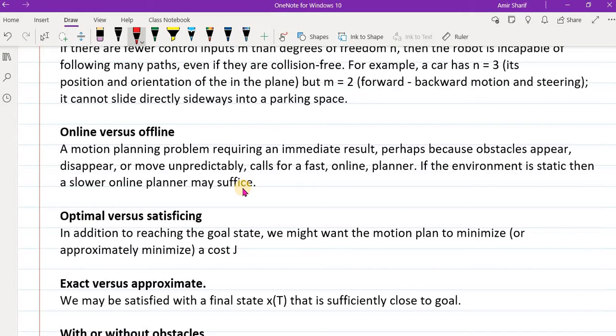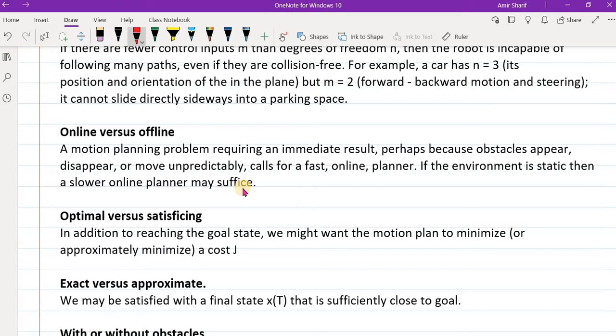For example, if your environment is dynamic, where obstacles change their position and suddenly new obstacles can appear, in this case you have to use online motion planning, because you need fast reaction, and your motion planner should be able to react faster and plan a new path.